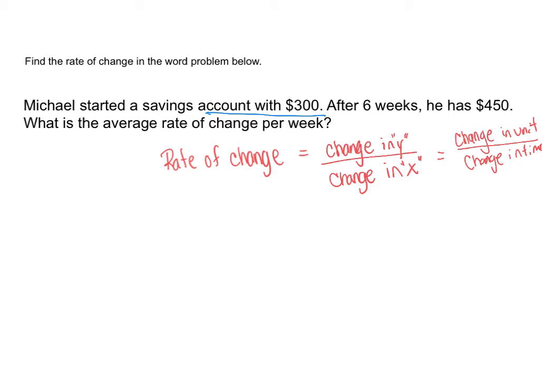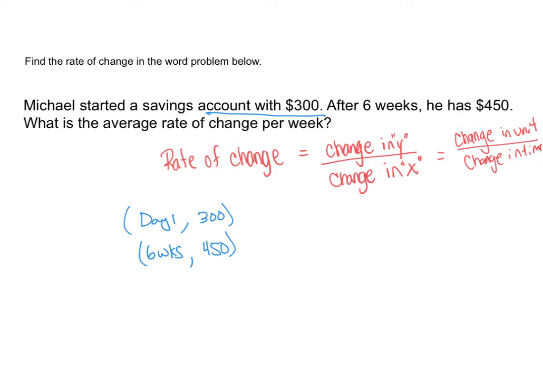So at week 1, or day 1, starting point, day 1, week 1, whatever, we have $300. After 6 weeks, he has $450. So what is the average change per week?